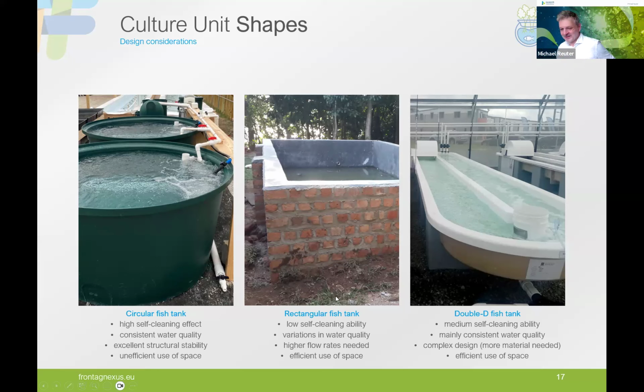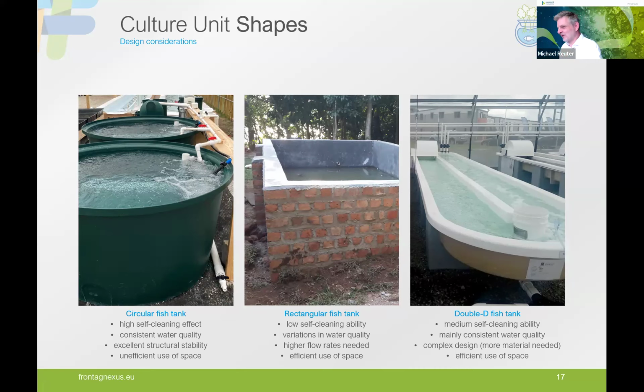And that's much better in rectangular tanks, but they have the drawback that they have a quite low self-cleaning ability. They have in the corners or at the borders different water quality than at the middle because the flow is not as consistent as in the round tank.